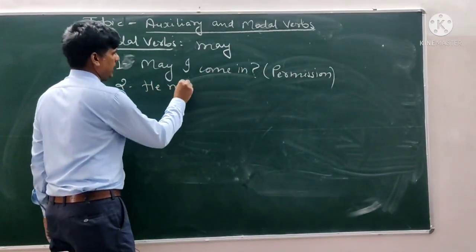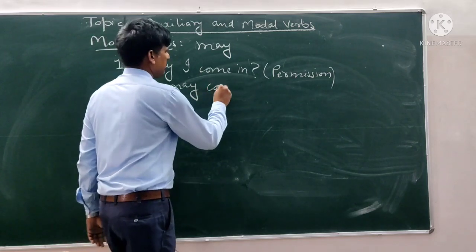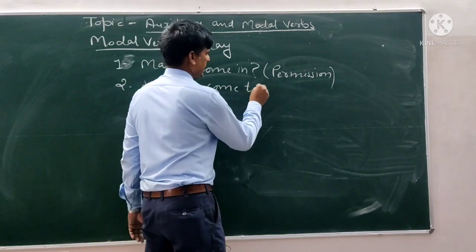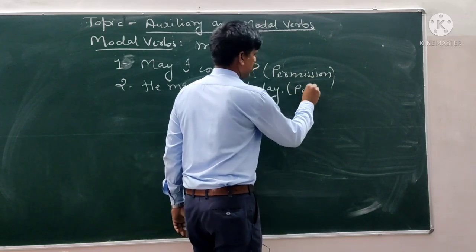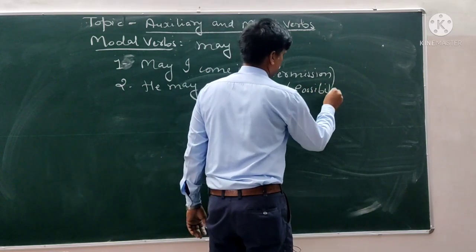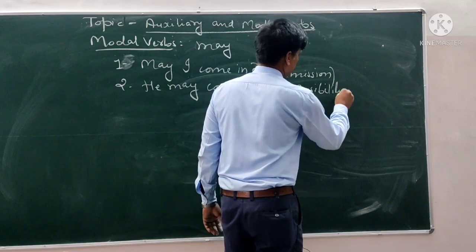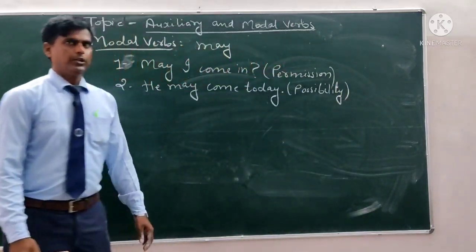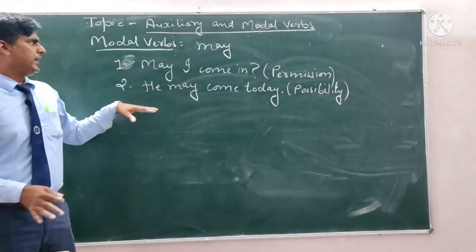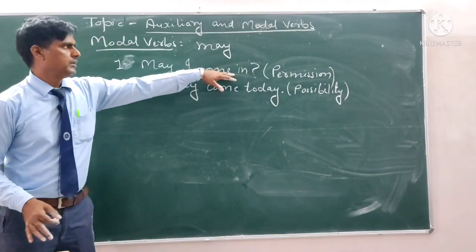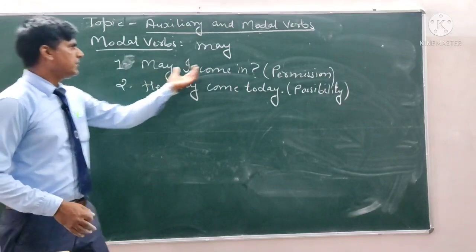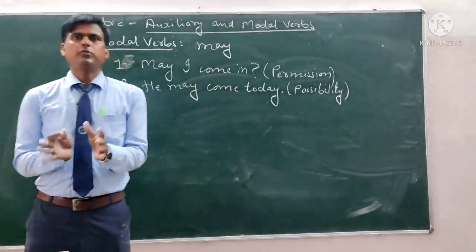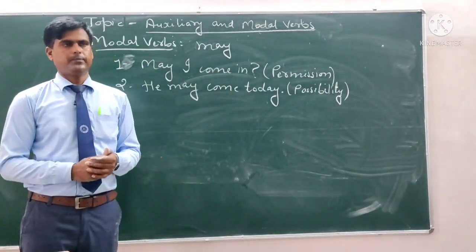He may come today. It shows us possibility. So we can use may for permission, and we can use may for possibility. May I come in? It means we are going to ask the permission.